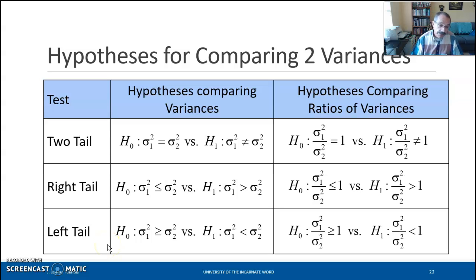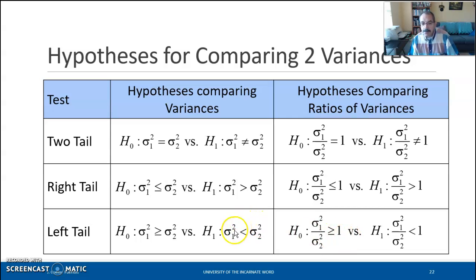Now, if you have a left-tailed test, in this case, the first variance is smaller than the second variance. And under the null hypothesis, the first variance is larger than or equal to the second variance. Changing these two hypotheses into a ratio, the hypothesis becomes as you see: variance 1 is bigger than or equal to variance 2 under the null hypothesis, so this ratio must be larger than or equal to 1.